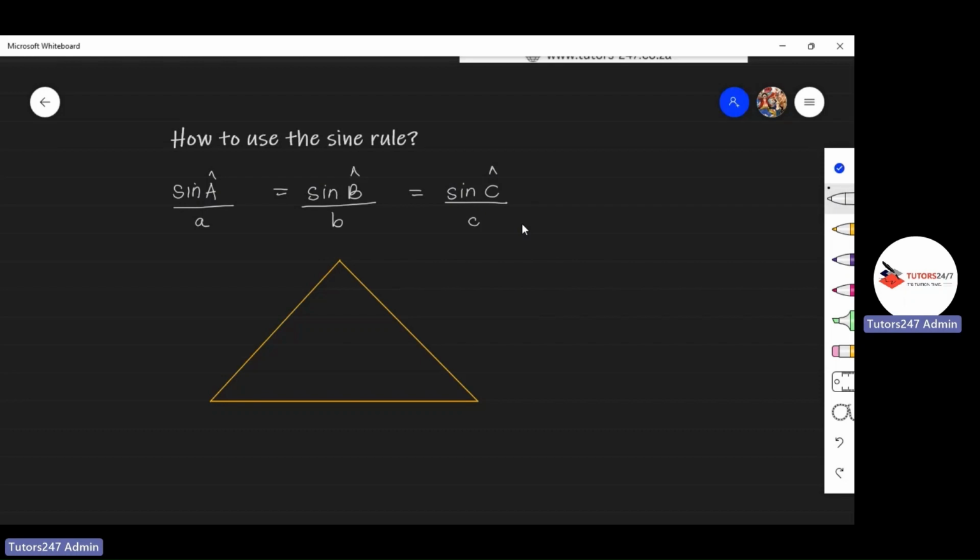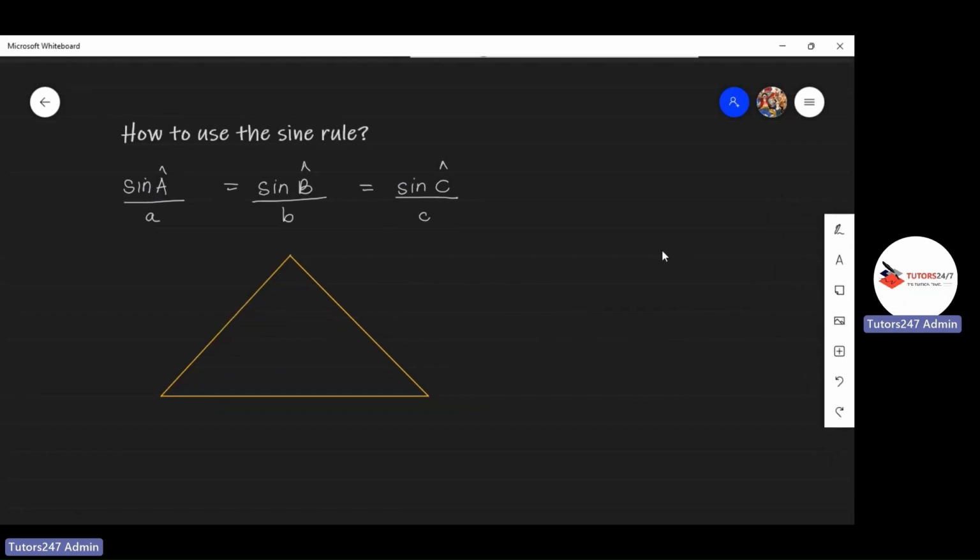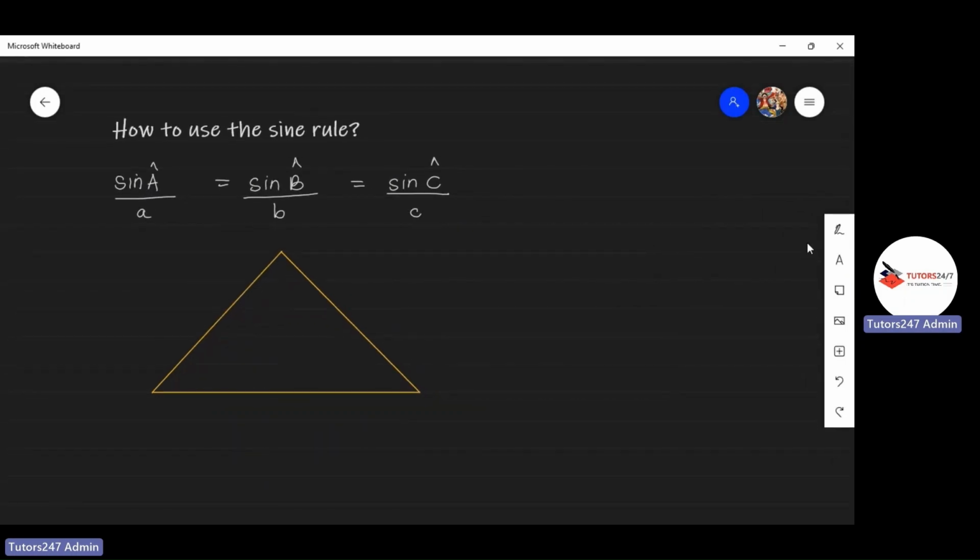The lowercase letters represent the sides, whereas the uppercase letters with the angle symbol on top of them represent the angle itself. Now this can also be represented in a different notation. You don't have to have sine on top and the side at the bottom. You can have it swapped or interchanged.